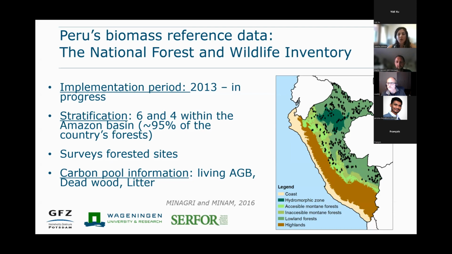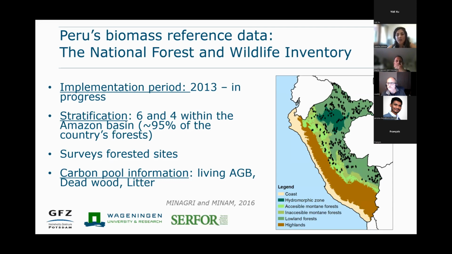For that purpose, the NFI divided the country in 6 strata, which you can see here on the figure to the right, and 4 out of these 6 strata are located in the Peruvian Amazon basin, which already accounts for 90% of the total forest of the country.